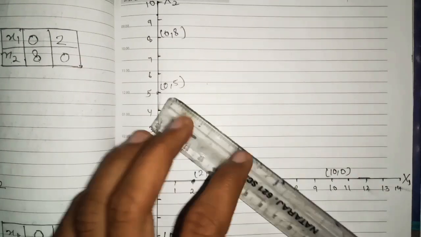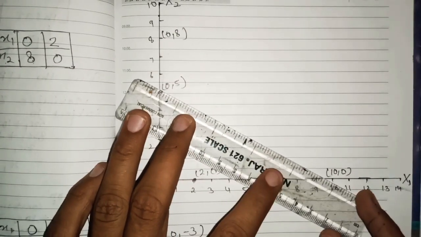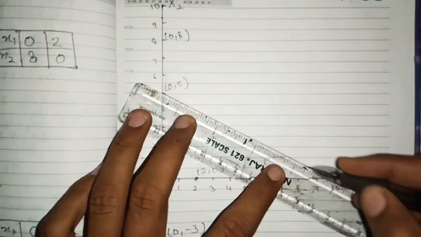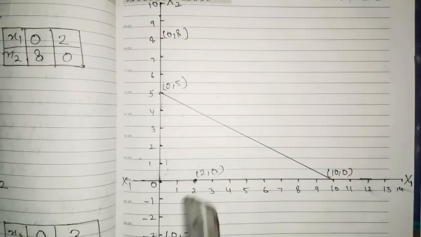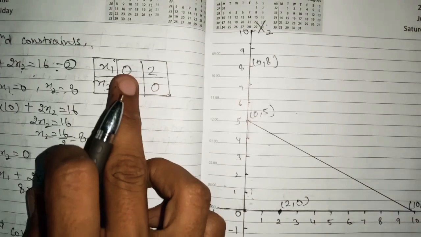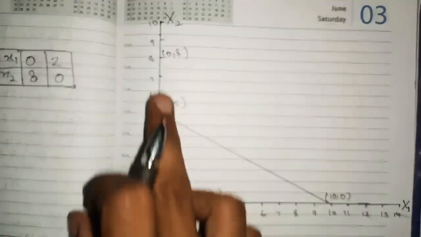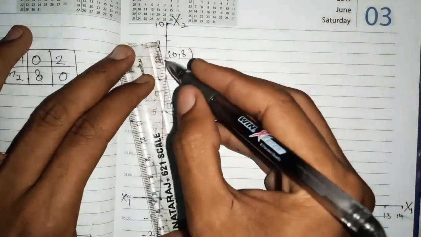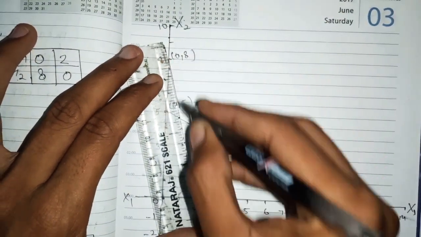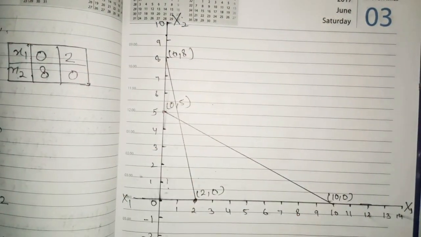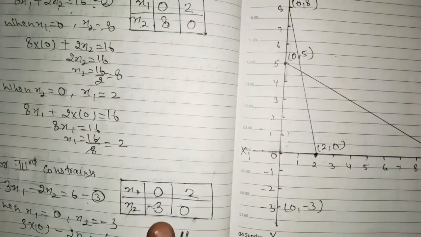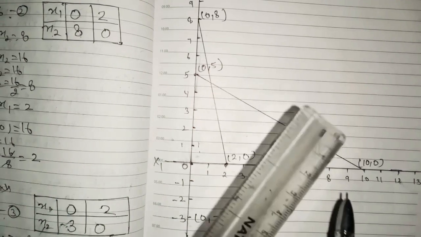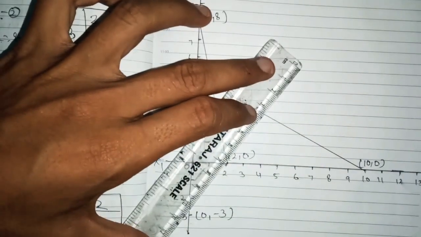So match those points. Now the second constraint points are 0, 8 and 2, 0. So match the points. Now for the third constraint, 0, minus 3 and 2, 0. So match the points.